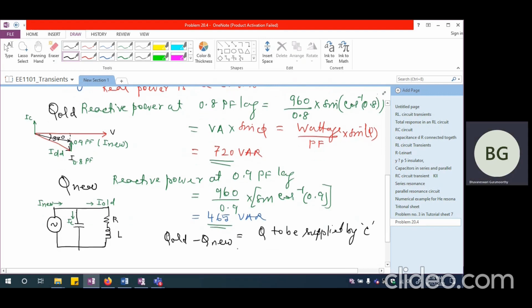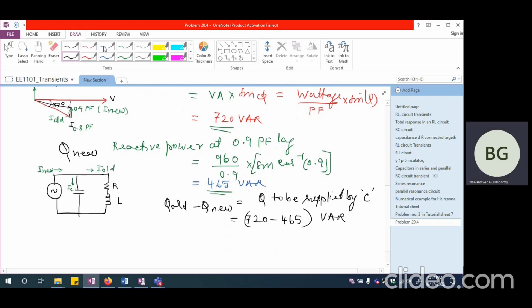So that is going to be 720 minus 465 VAR.